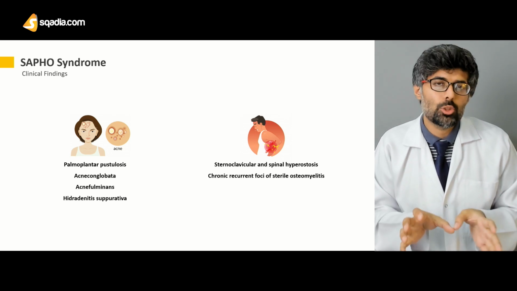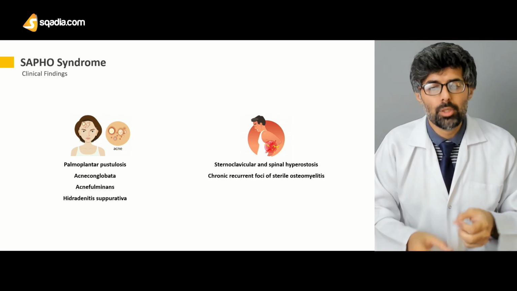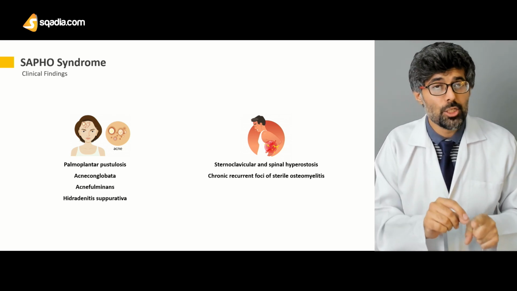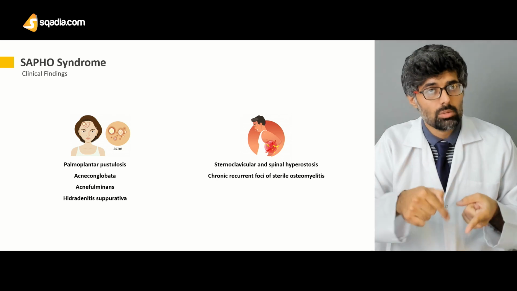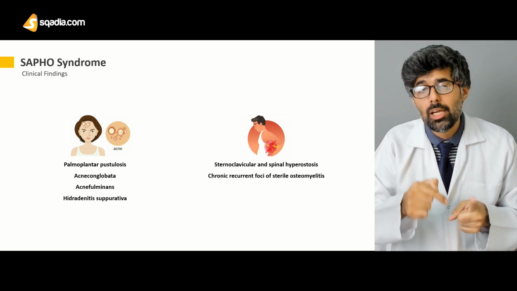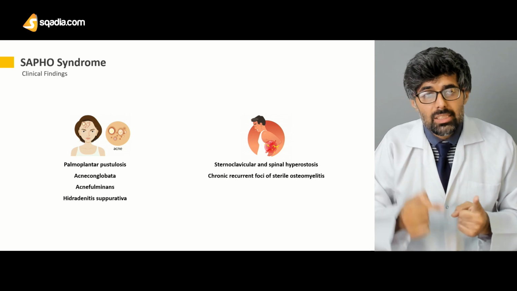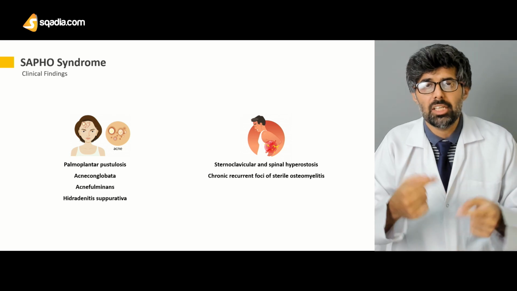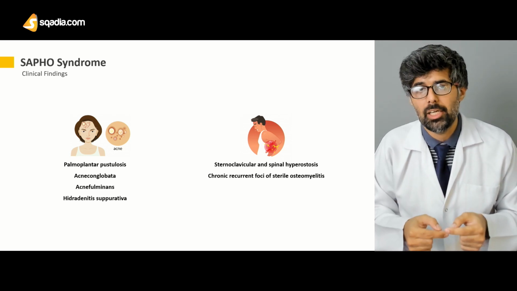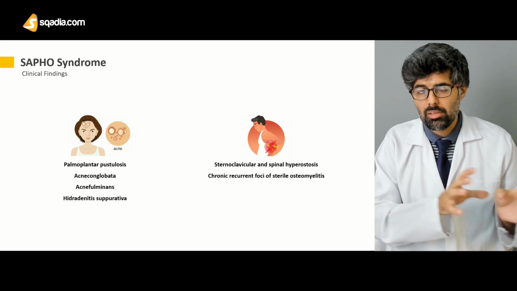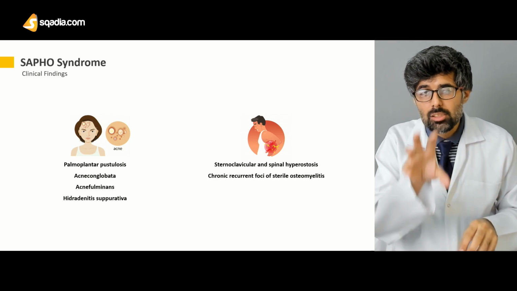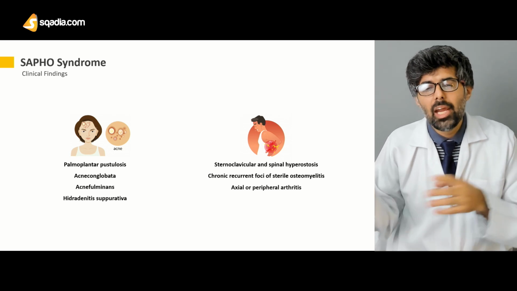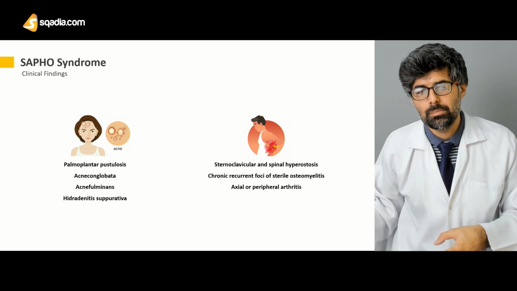Now, the sterile osteomyelitis point is important because osteomyelitis, that is the inflammation of the bone tissue that has now even infiltrated the area of the bone marrow, is sterile, that there is no bacteria that is involved in the osteomyelitis.